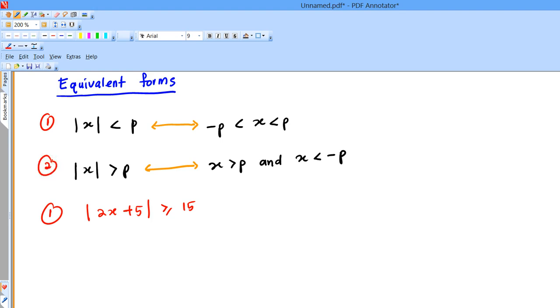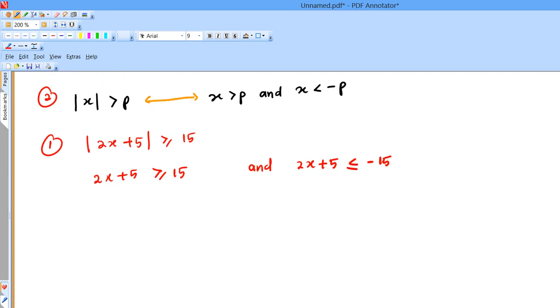We have greater than or equal to 15, so we can write 2x + 5 ≥ 15, and another one, 2x + 5 ≤ -15. And then we can solve one by one. For the first inequality, we have a linear inequality, so we can bring the term with the variable to one side and the constant to the other side.